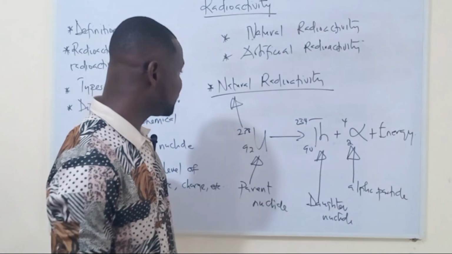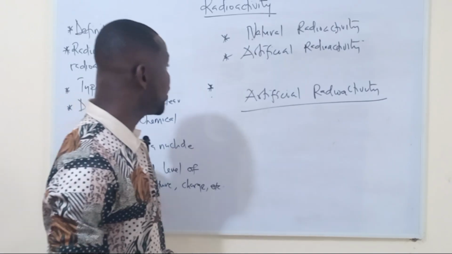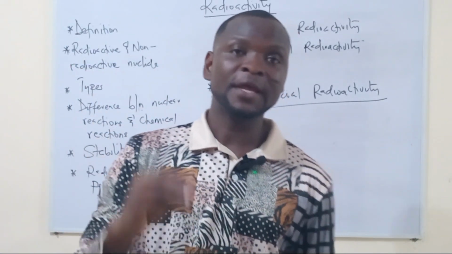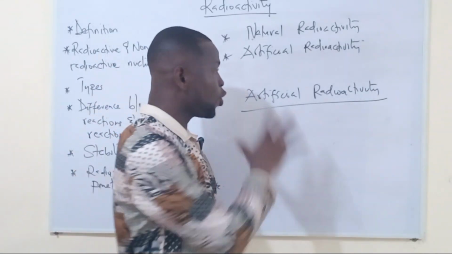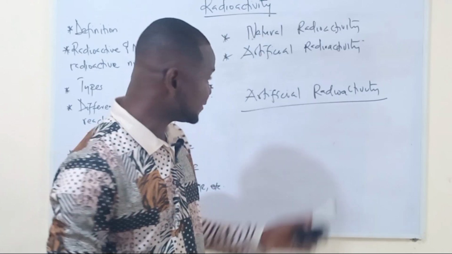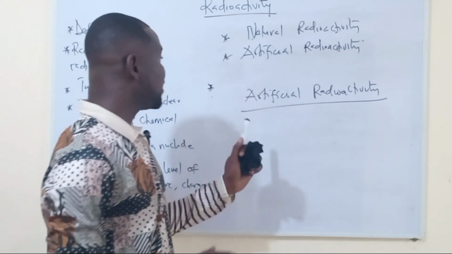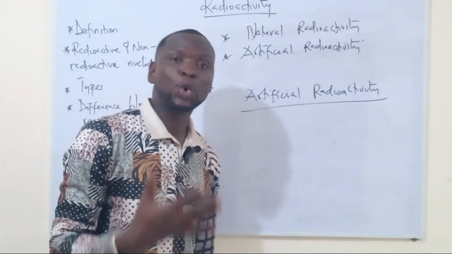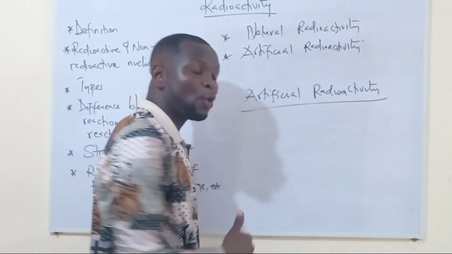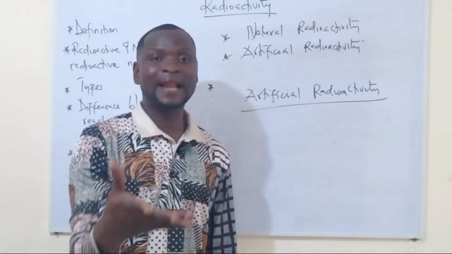Now let's look at artificial radioactivity. This is artificial. What does it mean? It means that there has been an influence on this type of disintegration. That means man has a hand in this type of disintegration. So this reaction can only break down when there is an external force.